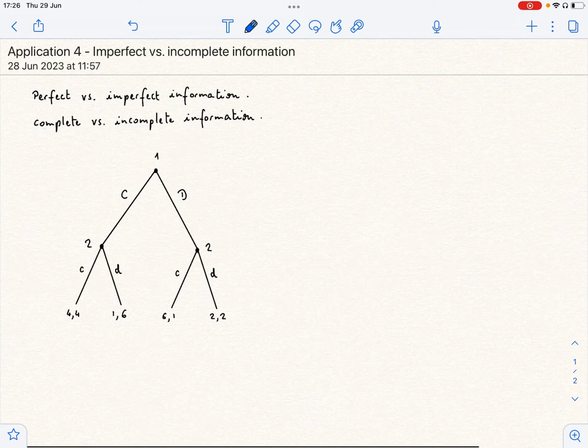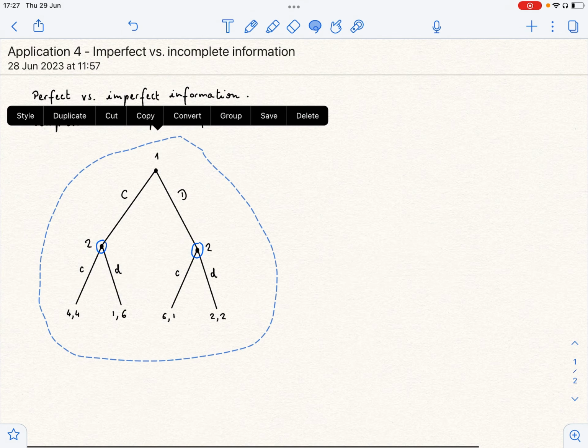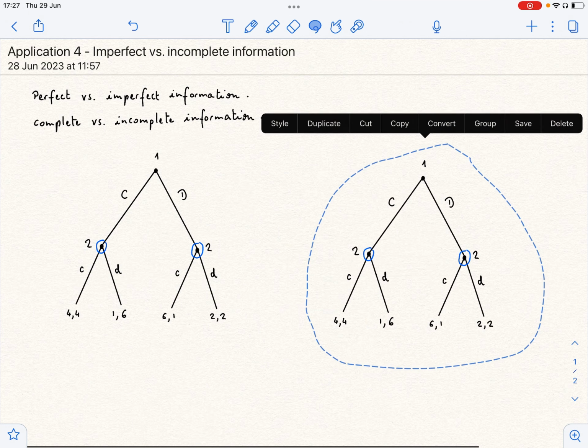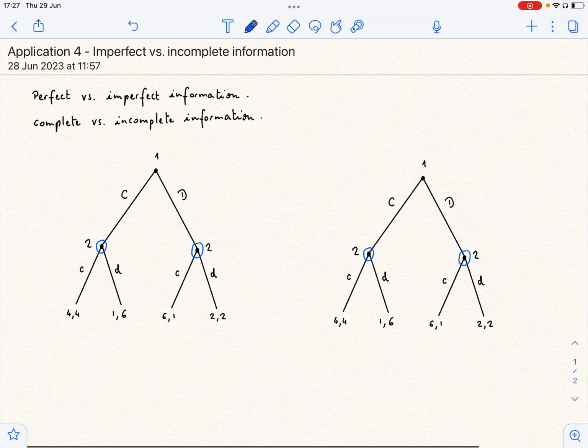So player 2 has two decision nodes and can take a different action for each of these decision nodes, all right? The most standard way to model the prisoner's dilemma would be exactly using the same structure, except we would include an information set joining the two decision nodes of player 2.